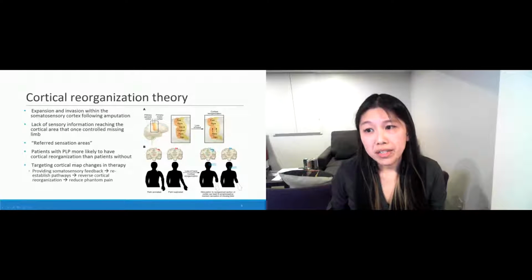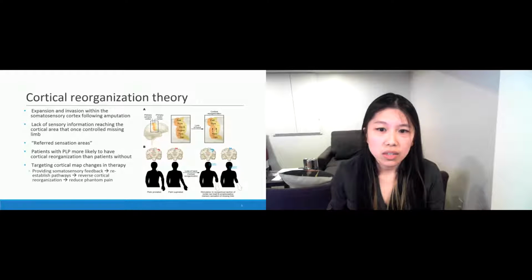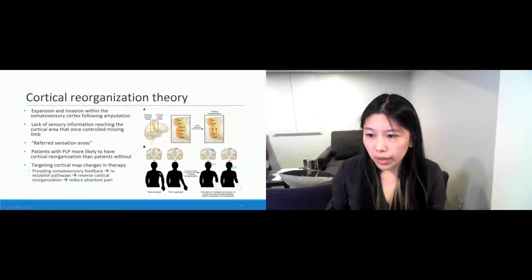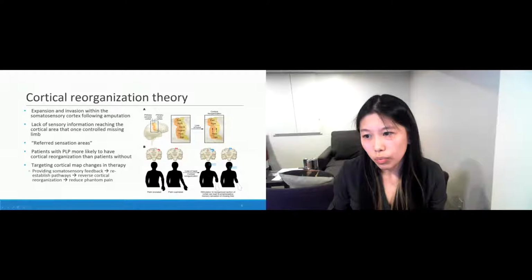The cortical reorganization theory is a theory that there's an expansion and invasion within the somatosensory cortex after amputation. So if we look at this diagram here, this is a little cartoon drawing of a patient before amputation. And you can see on the primary motor cortex and sensory cortex of the brain that there's this representation on the homunculus of different body parts.